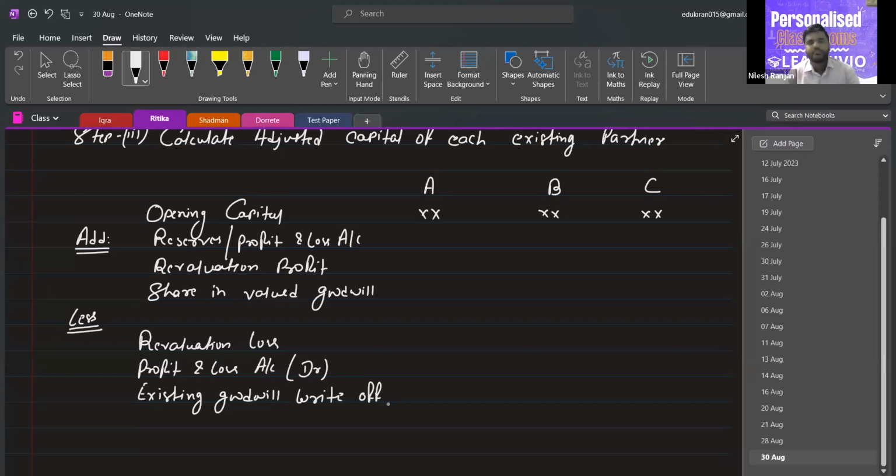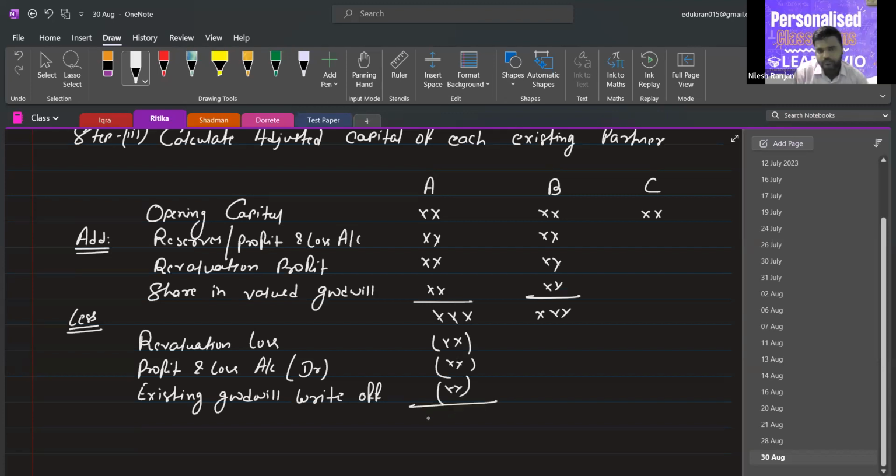So these items are added or deducted. There can be different items apart from these. So you have to add all these items first and then deduct these items, and you will get adjusted capital.